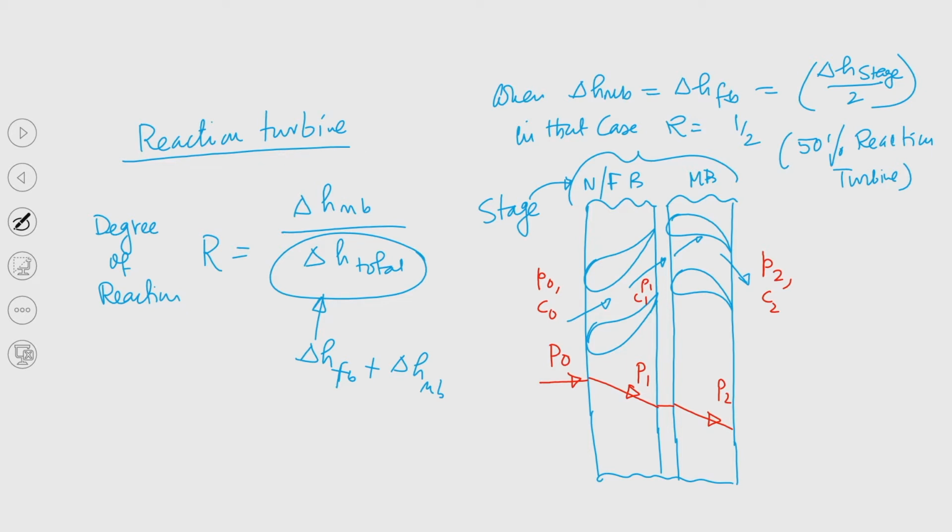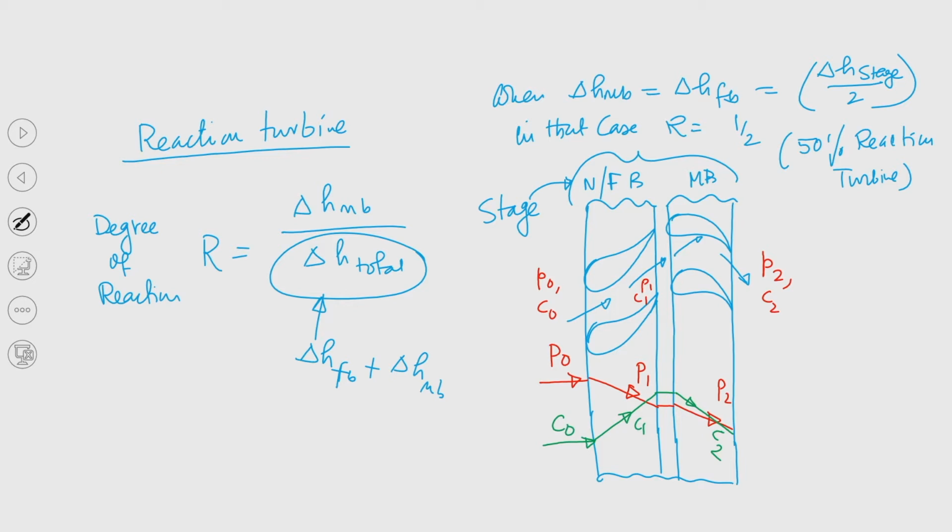Now, if we try to draw the velocity distribution using a different color, this is C naught, and then this is C 1, and then we will have a pressure drop, and this is C 2.